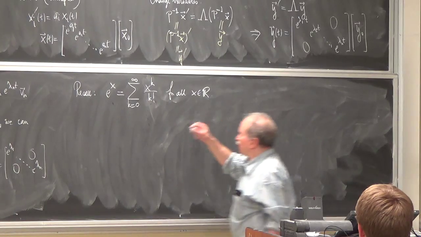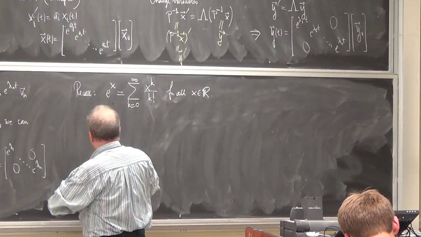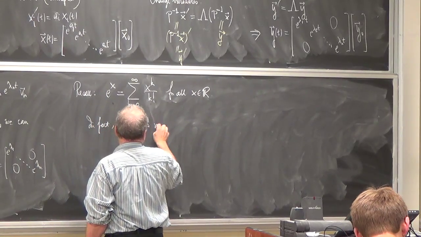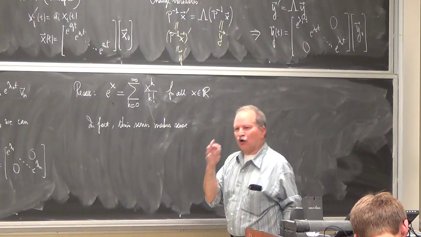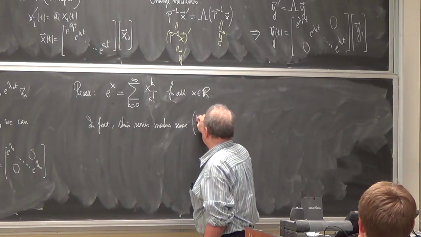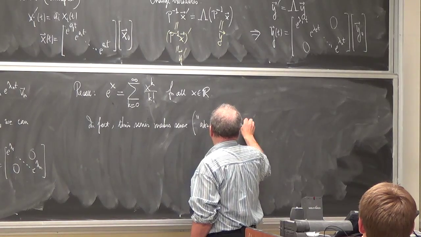But in fact, and we'll discuss this starting on Monday, this series makes sense. If you remember, we talked about how absolute convergence implies convergence. That was the beginning of chapter 6.